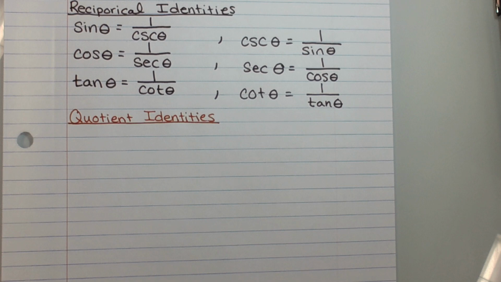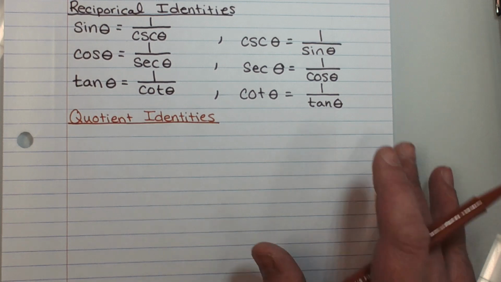Those come out of the fact that sine is defined as being the opposite divided by the hypotenuse on a right triangle, and cosine is adjacent over hypotenuse on that right triangle, tangent opposite over adjacent, and the other three being hypotenuse over opposite, hypotenuse over adjacent, and adjacent over opposite, respectively.